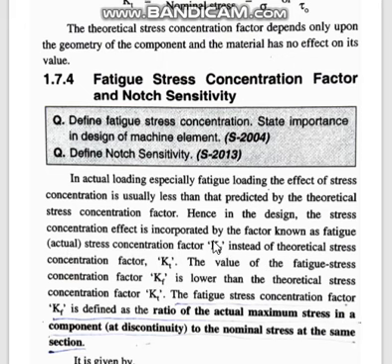So the fatigue or actual stress concentration factor is what we will be using in design problems, and not the theoretical stress concentration factor.